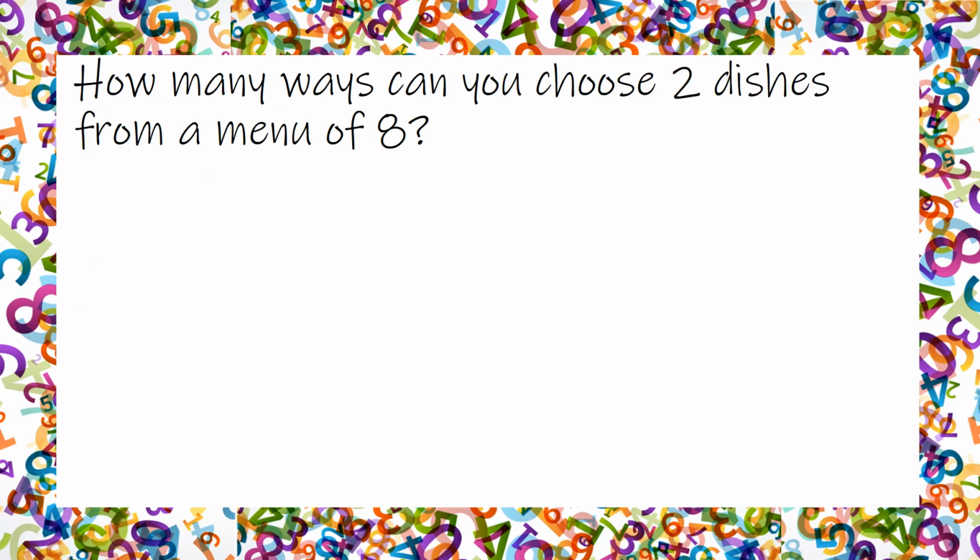How many ways can you choose 2 dishes from a menu of 8? So this one, we're going to make our own combination. It's a combination because order does not matter. I'm choosing 2 out of 8. So I'm going to say 8, and I'm going to count down 2. So that's 1.